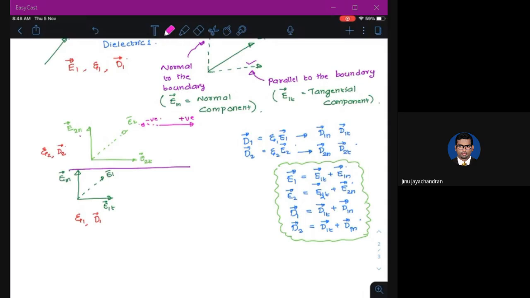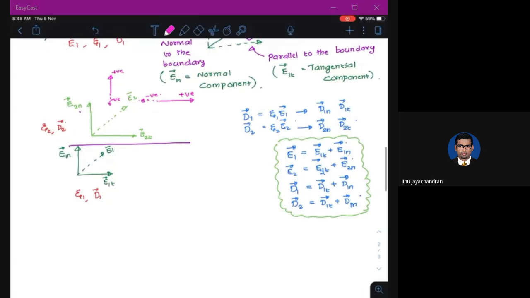And if you are going up, I put it in a different line, if you are going up, this is positive. If you are going down, this is negative. So these are some directions we are going to fix. Okay. Fine.